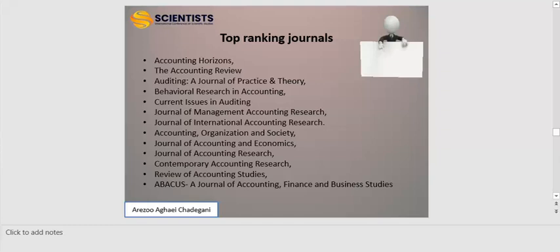Here you can see some top-ranking journals in the accounting major. You can find top-ranking journals in your field of study very easily on Google. For example, top-ranking journals in management, top-ranking journals in accounting, top-ranking journals in finance, in economics.